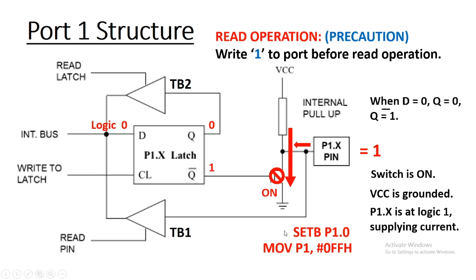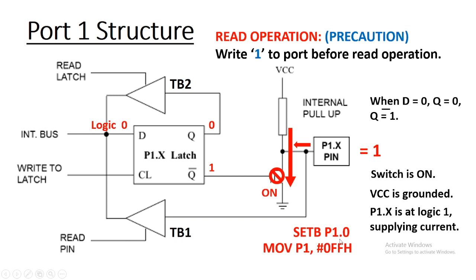A port can be configured as an input or as an output in two ways. Suppose you want to configure a port pin as an input port, you can simply write this instruction: SETB P1.0.